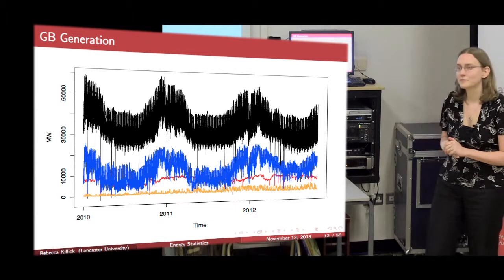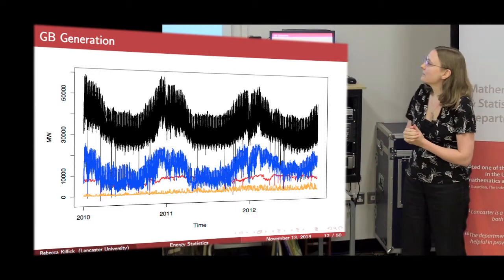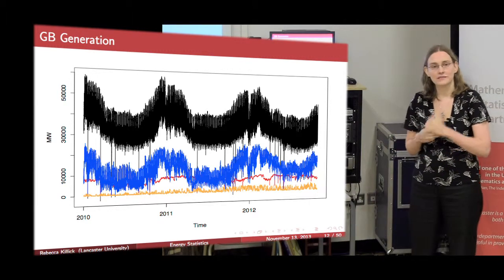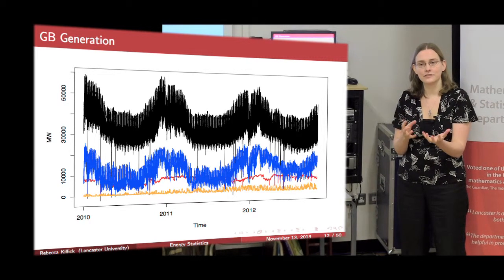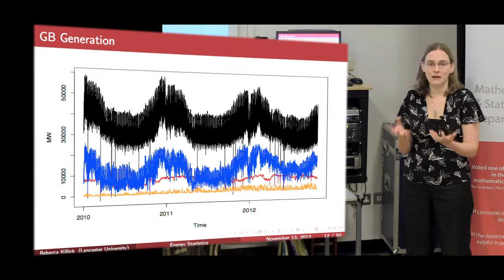As you can see, it's the smallest of the generation, but in recent years we have been getting more wind power into the system, and this is causing some problems, because if you're counting on wind power for your supply, and then it's not there, that means you've got this gap that has to be plugged.